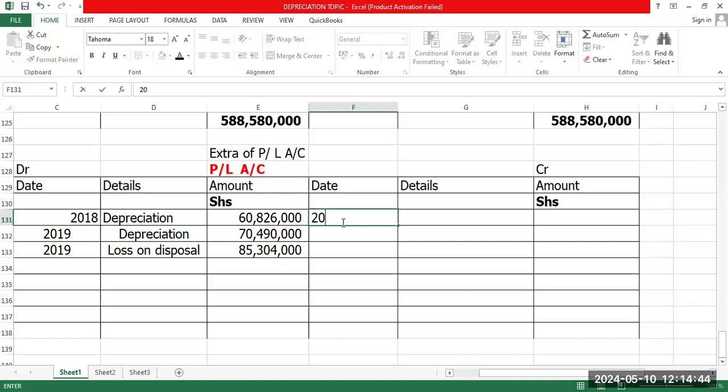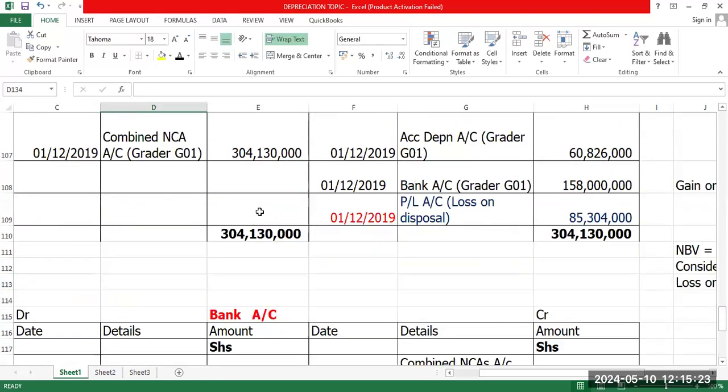So here in 2018, we have nothing. Don't put anything. Here in 2019, you have nothing. You don't need to record anything. This is just an extract. Then 2020, you have nothing. So that's it. We go to 2020. Do we have depreciation for 2020?